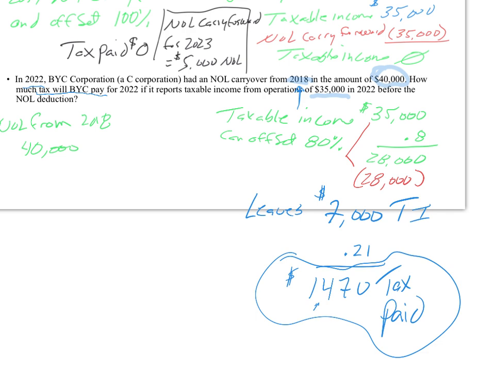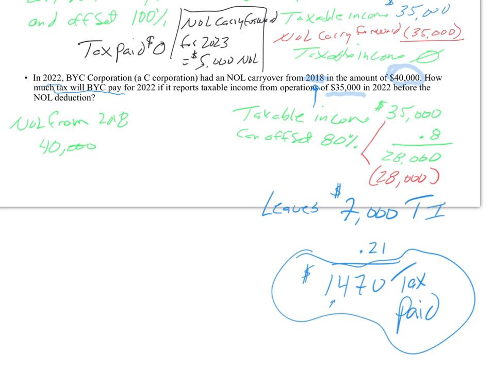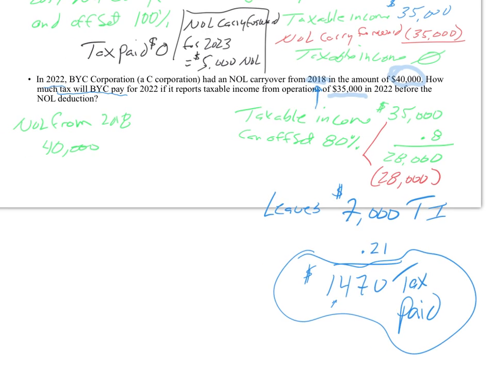And what do we have? So now we've got over here, remember, we've still got our NOL from 2018. Well, we just used up 28,000 of it. But what does that give us? That gives us $12,000 of an NOL remaining.